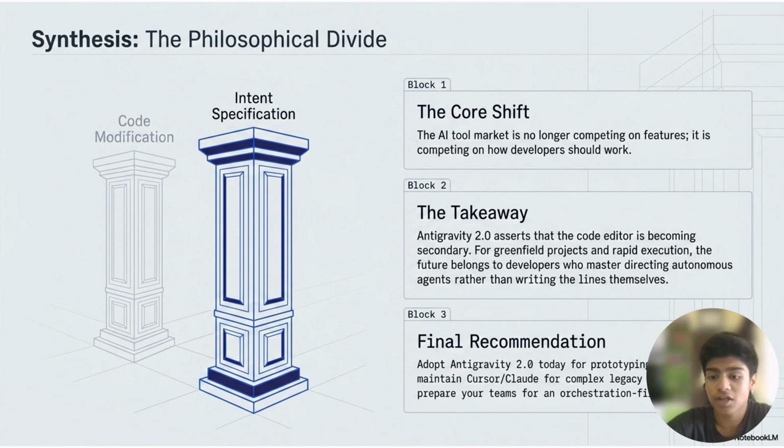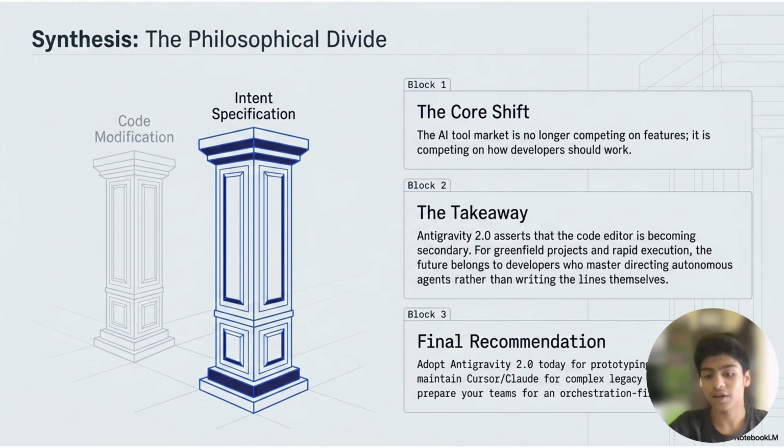For greenfield projects and rapid execution, the future belongs to developers who master directing autonomous agents rather than writing the lines themselves. This in turn leads to developers who are taking the code and reviewing it. So that review is also not available as the AI is doing it itself. The AI is reviewing itself.